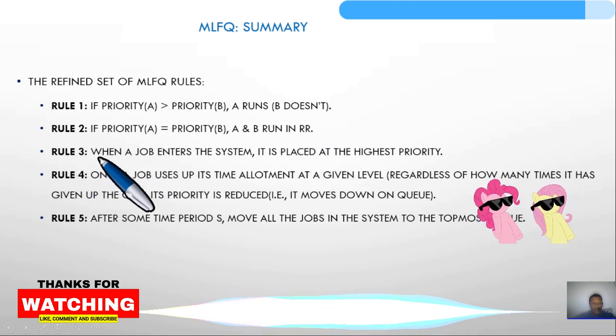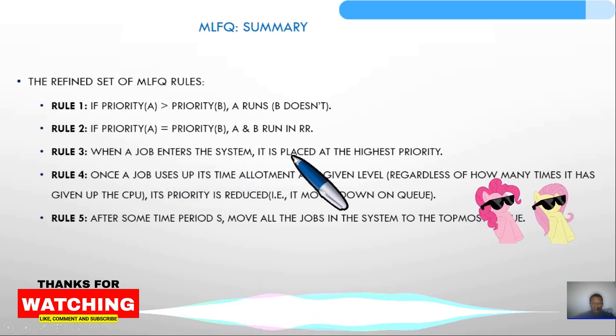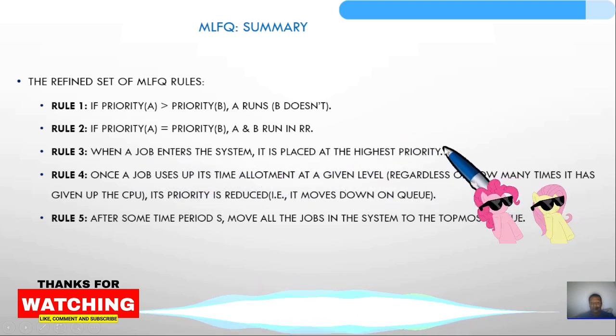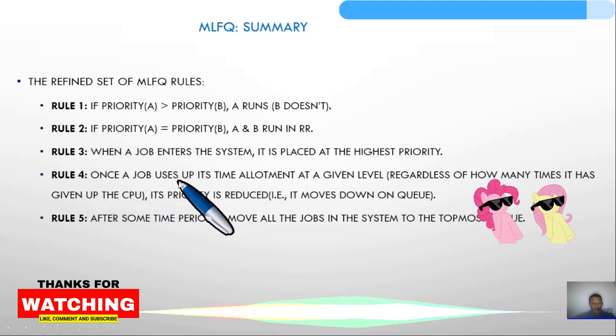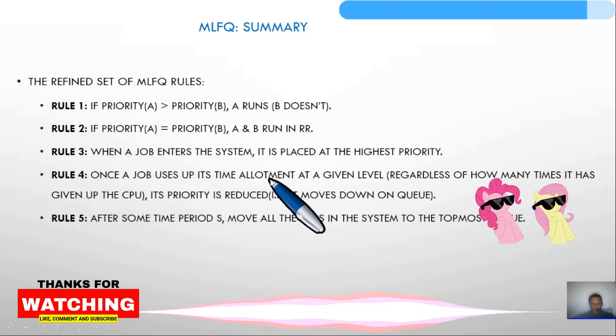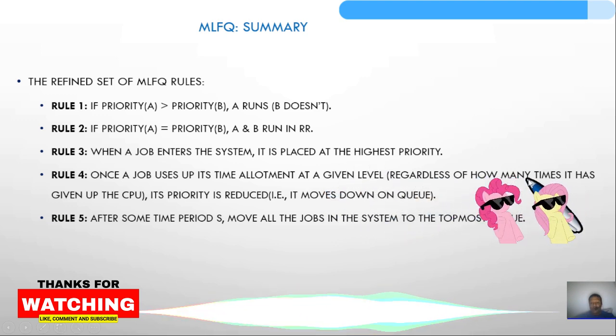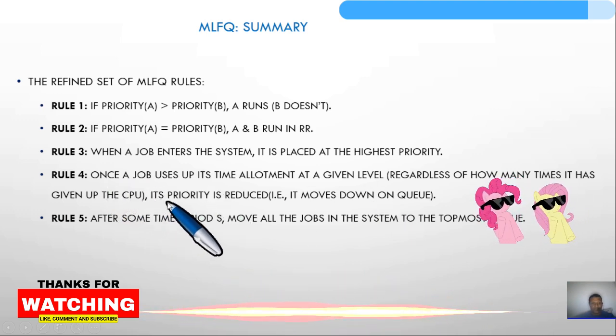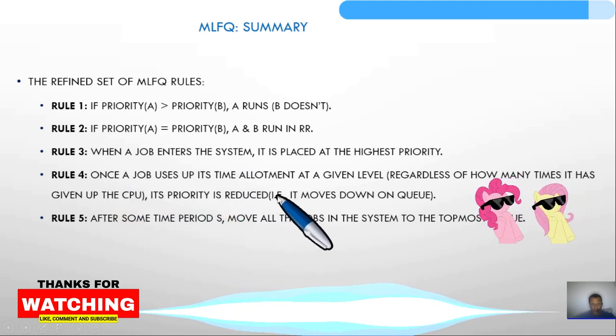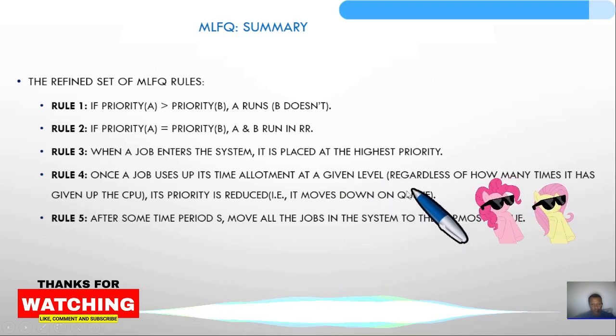Rule 3, when a job enters the system, it is placed at the highest priority. Rule number 4, once a job uses up its time allotment at a given level, regardless of how many times it has given up the CPU, its priority is reduced. It moves down in the queue.